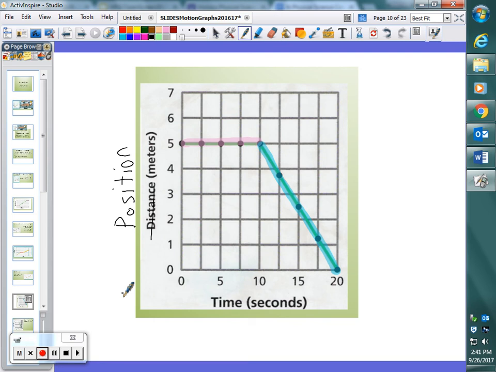Does that make sense? All right, pink section. Pink section's what? No movement, right? Zero slope, position remains the same, okay? Then if we look at the slope of the blue section, is it a constant slope? Yes, it's a constant velocity, but now it happens to be a negative constant velocity, right?